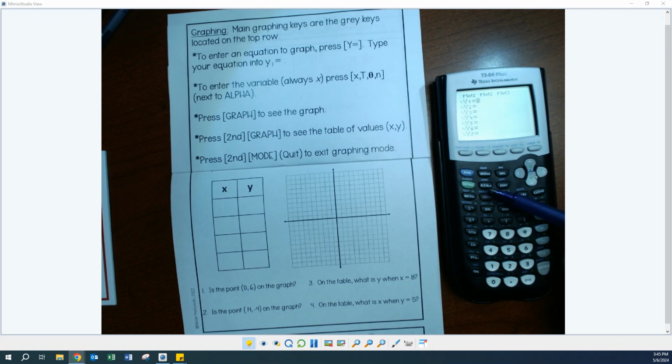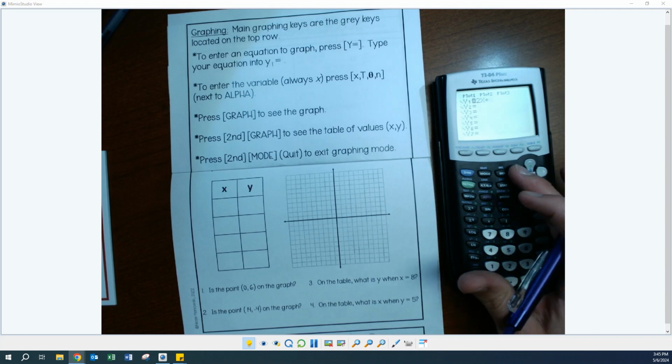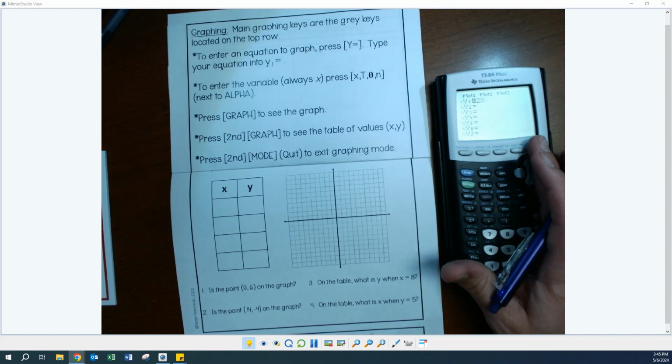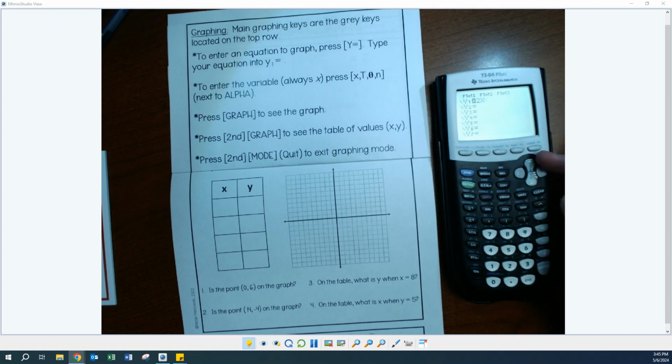It's got an x, it's got a t, it's got omega, and it's also got theta, and then it also has an n. It's next to the alpha key. So if you want to go ahead and graph a line, let's say we're graphing the line 2x, that's the x that you use. Not this, that means multiplication. Then to see the graph, you hit graph right here in the top right.